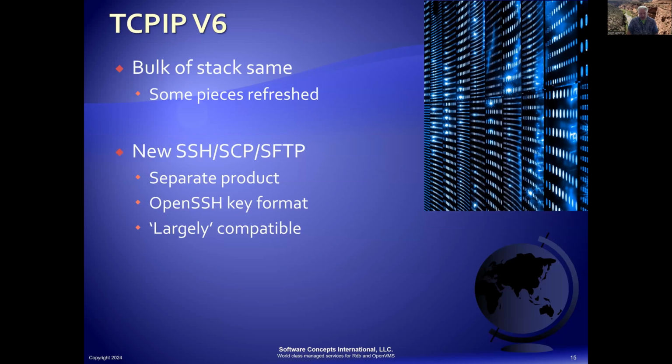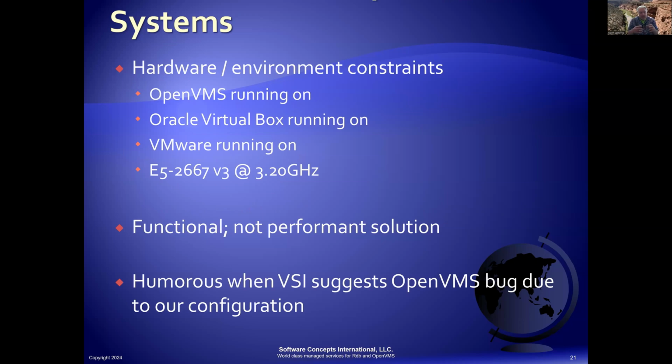There's a few edge cases that don't work, but it works, it gets the job done. And now we're back into the 2020s and hopefully 2030s with interoperability with the rest of computing.